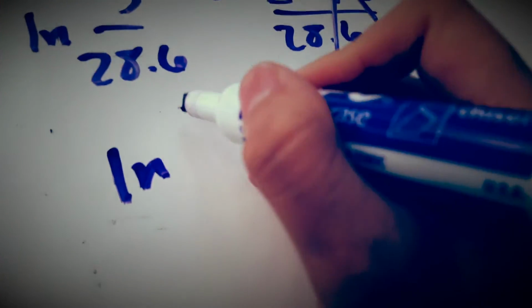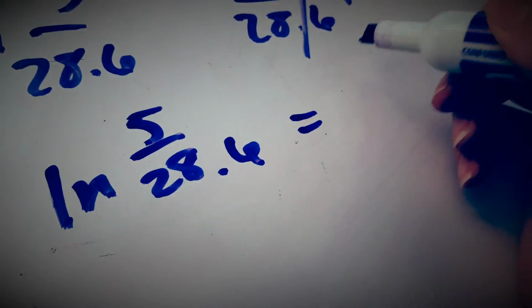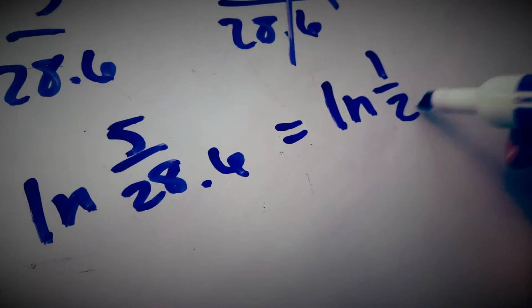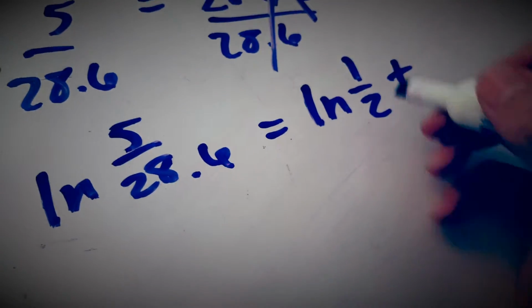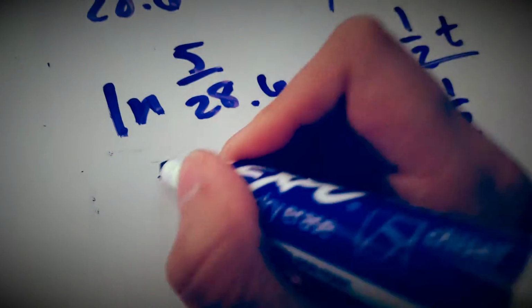So then we're left with ln 5/28.6 equals ln 1/2 T. And to find T, we're going to divide both sides by this ln 1/2.